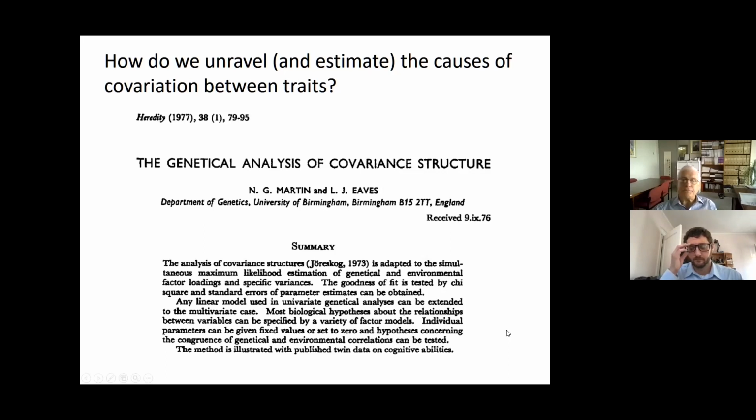And obviously this problem had been out there for a long time. By the time we came along to it in the late 70s, there'd been some very notable efforts to solve it, notably by Steven Vandenberg, who was a founding member of the Institute for Behavioral Genetics in Boulder, by Lindon Eaves and another lecturer called Jeff Gale in Birmingham, and John Loehlin.